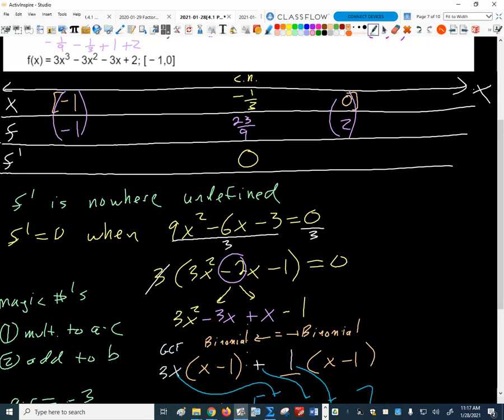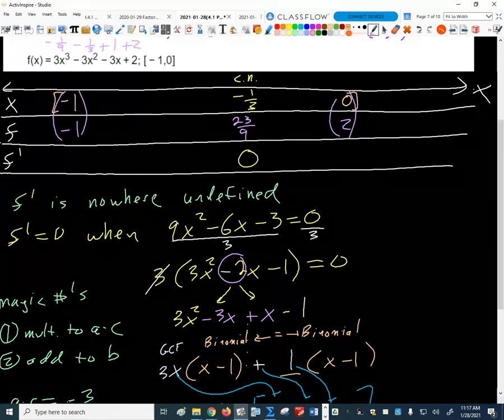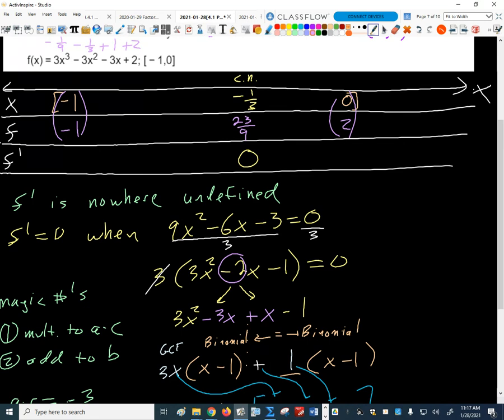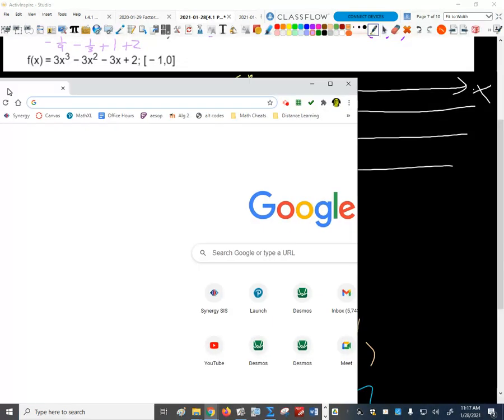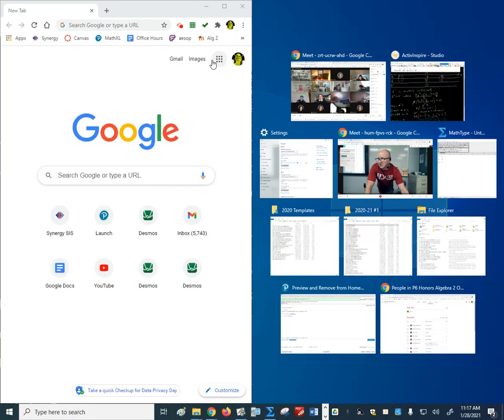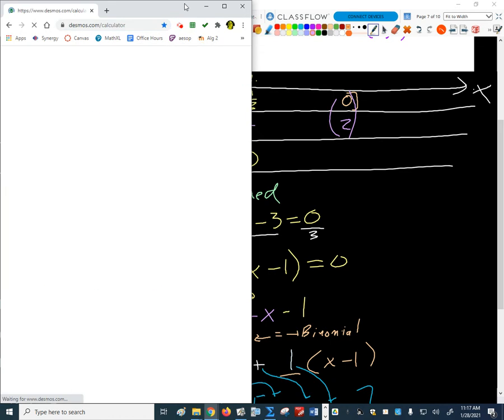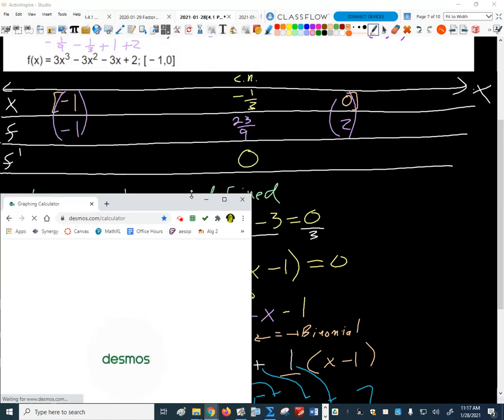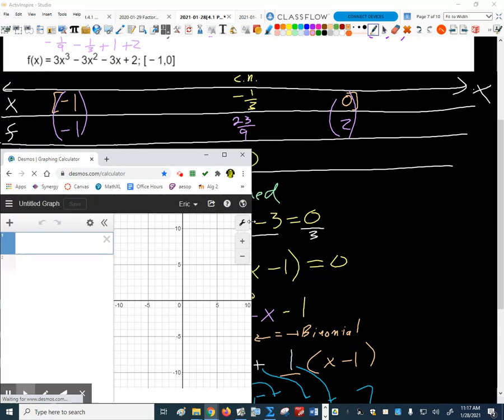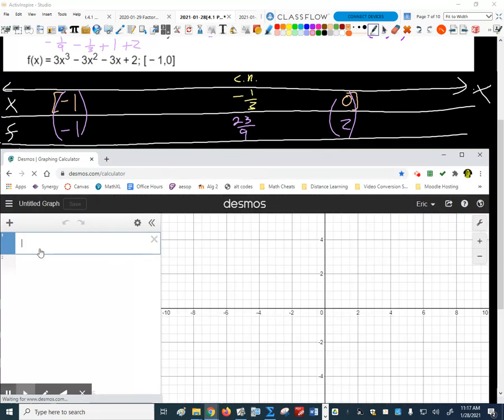Might be handy for someone to have Desmos pulled up here so you can just be plugging stuff in. Quick reminder why Desmos is so valuable for things like this. So I can define the function here, right?